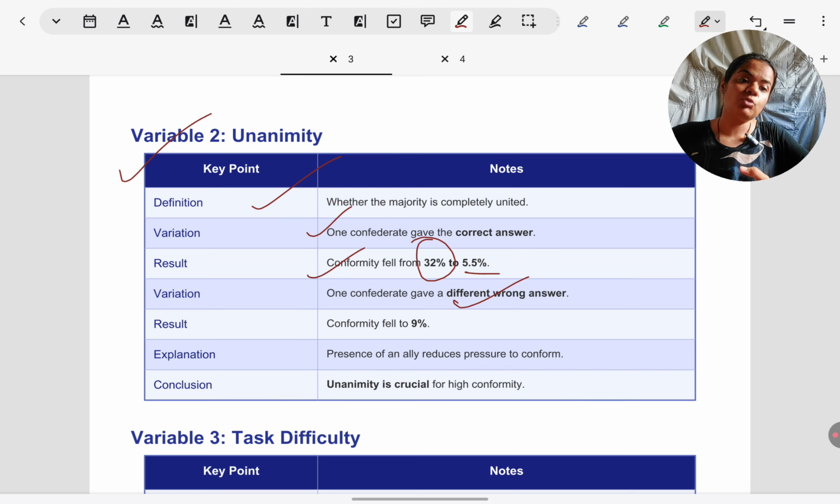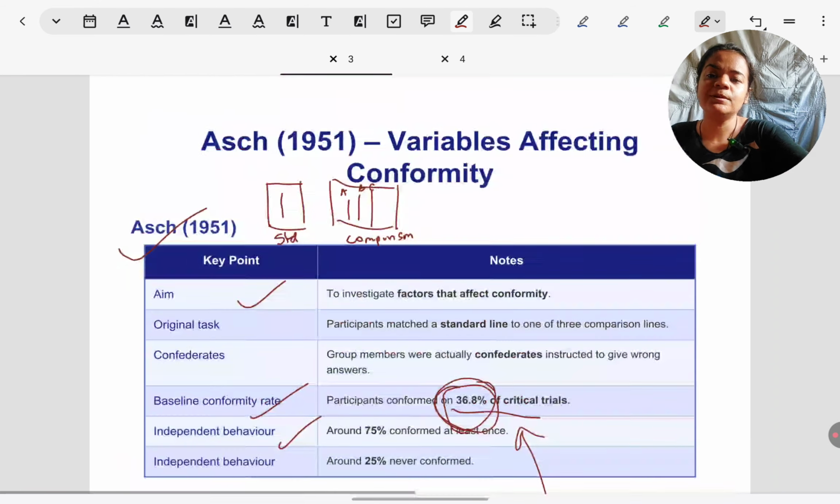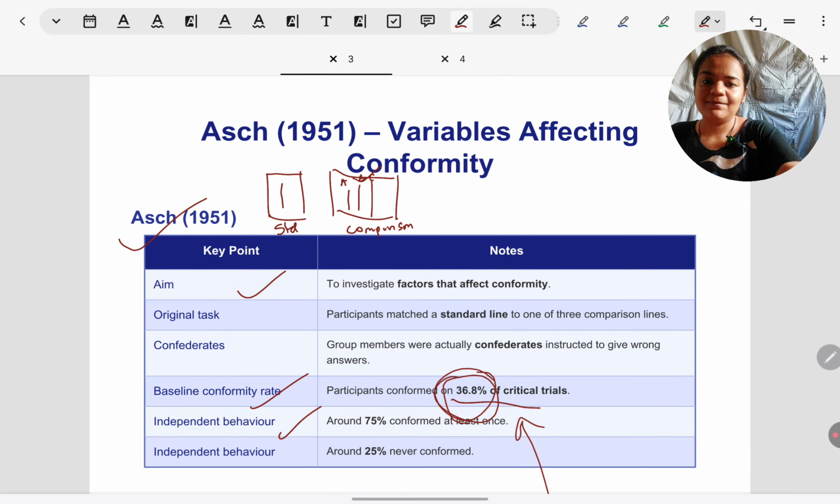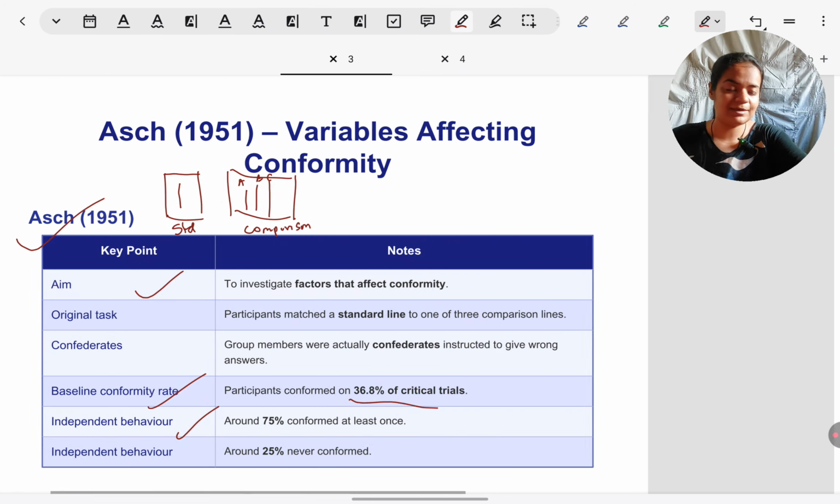In fact, something even more interesting was found. There were 3 lines like we saw, A, B and C for comparison. If there was one assistant who was giving a wrong answer, it was just different from the majority. Like in the example I had shown you, B was the right answer matching the standard line. Majority was saying C. What if one of the majority people said A? That is still a wrong answer, but at least they are giving a different answer from the majority, though it is not the right one.